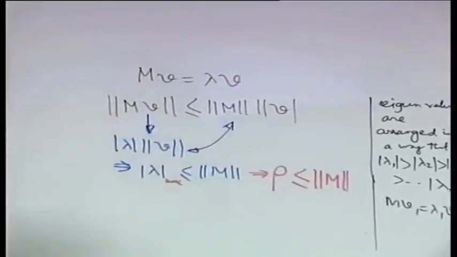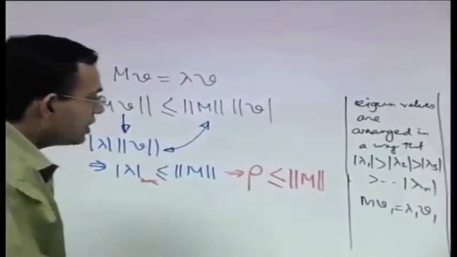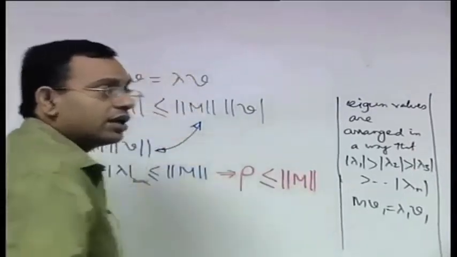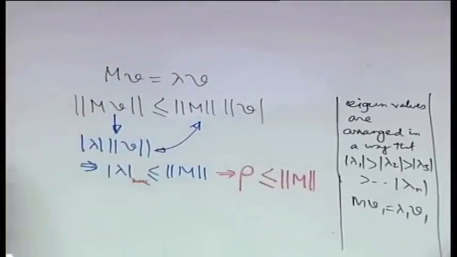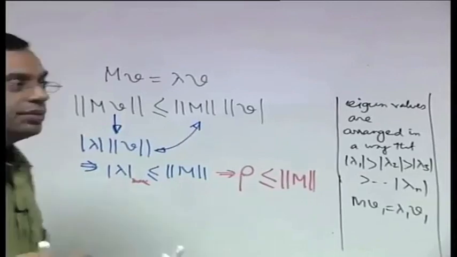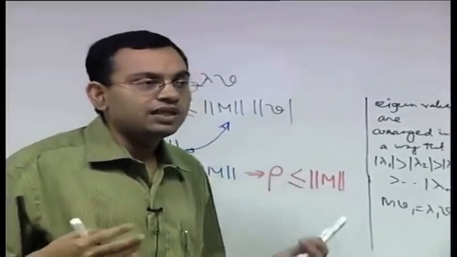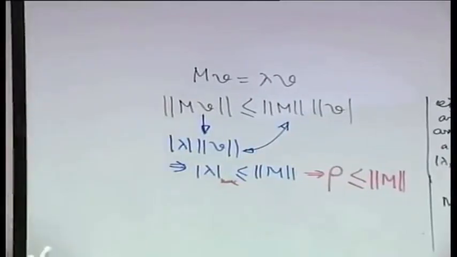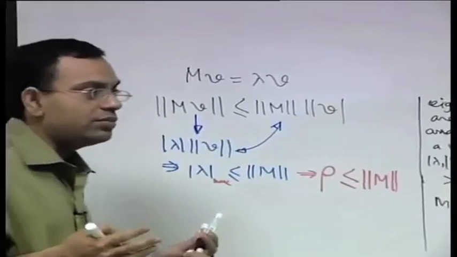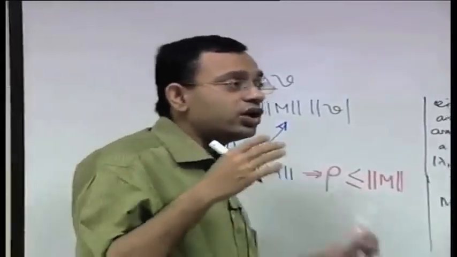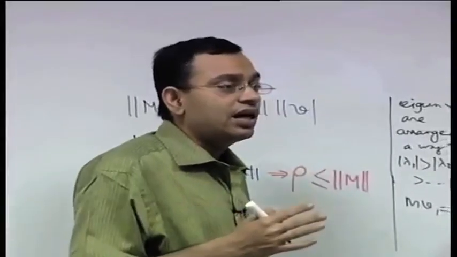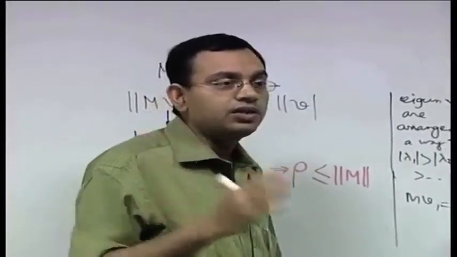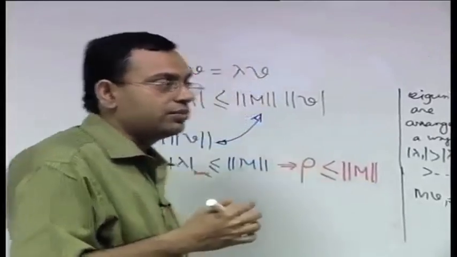Okay. Now, when you say the norm of M, again the question comes, which norm? We have seen that several types of norms are possible, but some of the norms which are easy to calculate are the first norm and the infinity norm, that is, the column sum norm and the row sum norm.